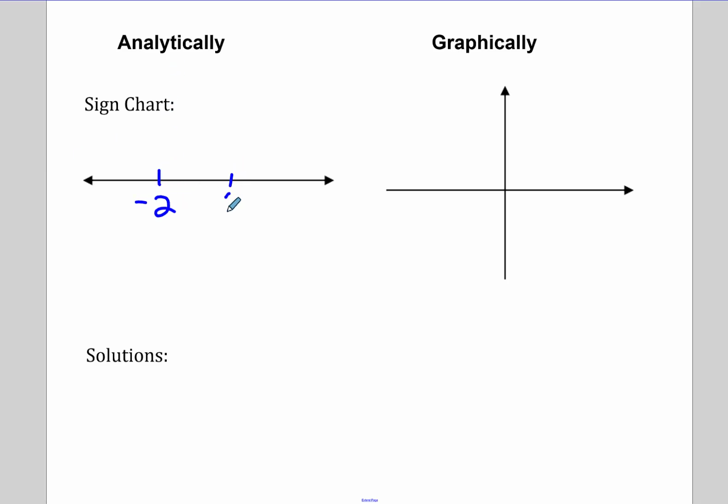-2, +2, +4, and we want to pick out some numbers that we want to test to get the value on the graph, right? And our goal is, where are those y values less than or equal to? So we're looking for that truth statement.